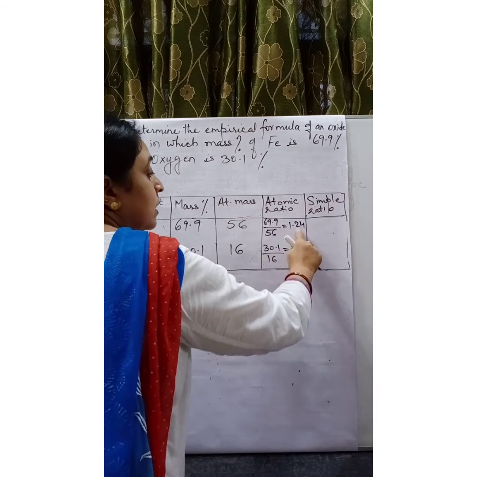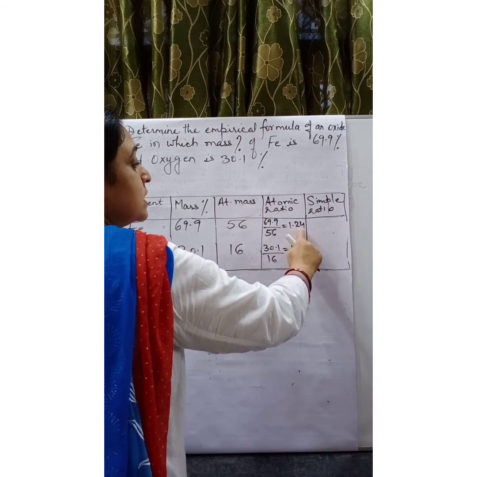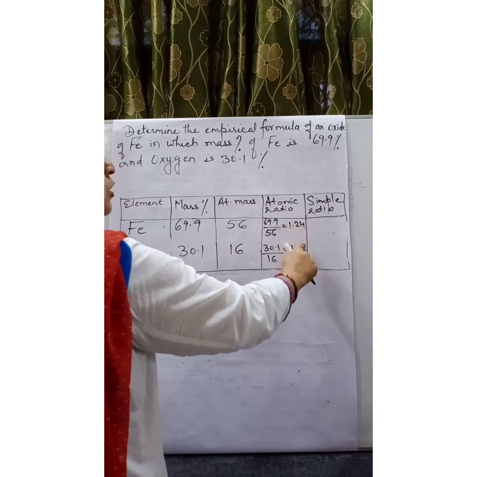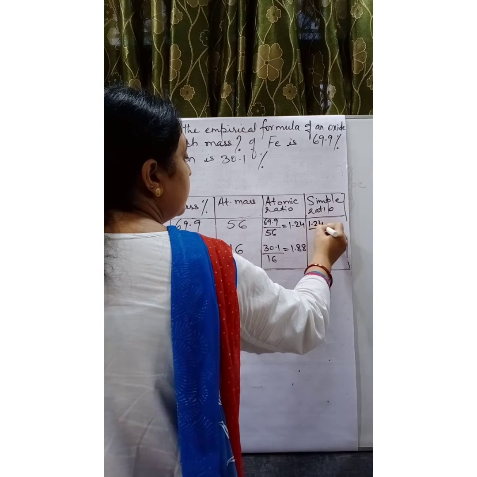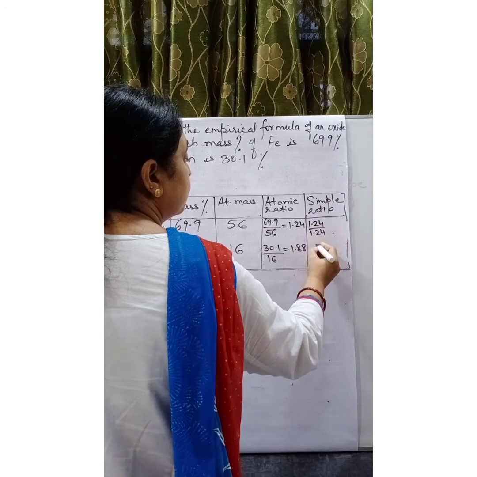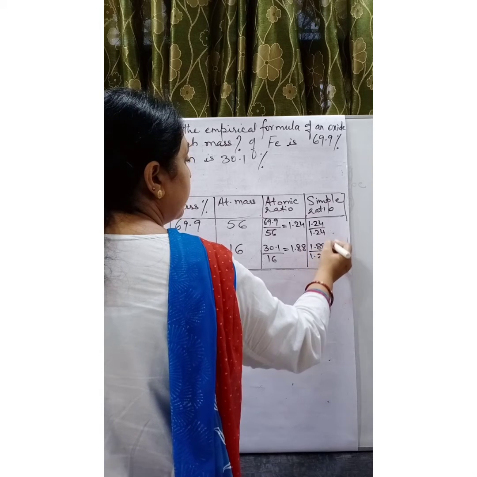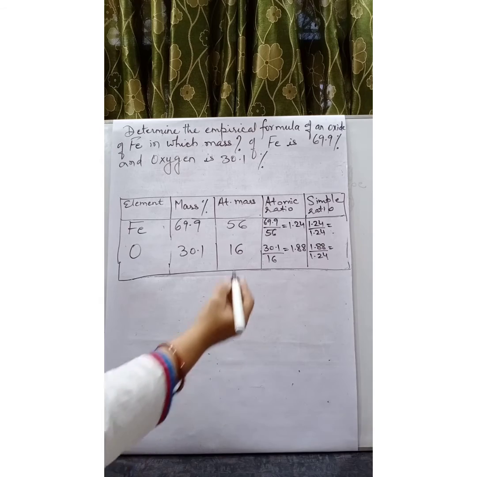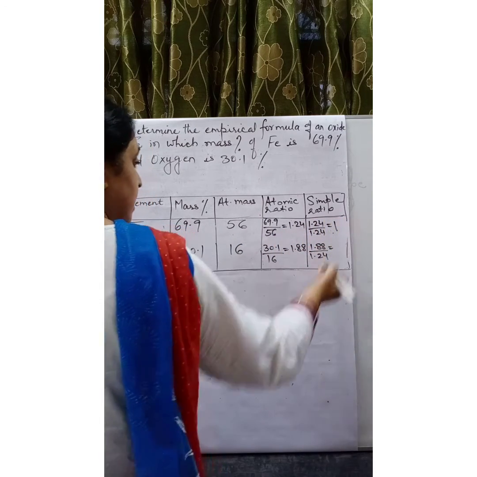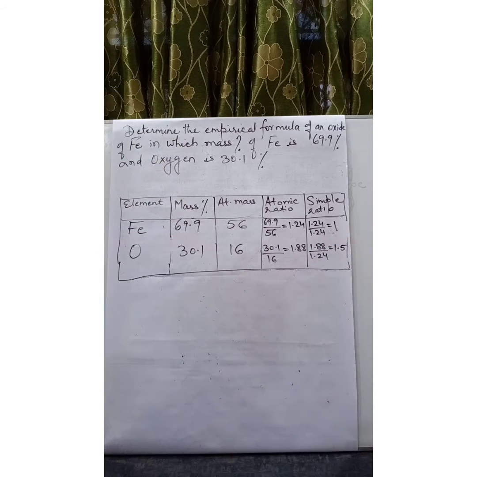Now look at this. Which is the smallest one? 1.24 is the smallest. Divide both of them by the smallest one. 1.24 divided by 1.24, 1.88 divided by 1.24. When you calculate this, you get 1 and you get 1.5.